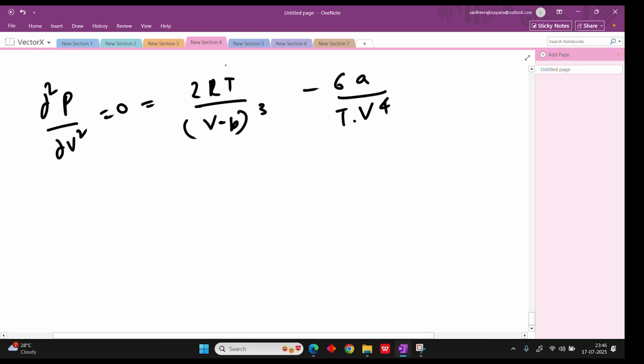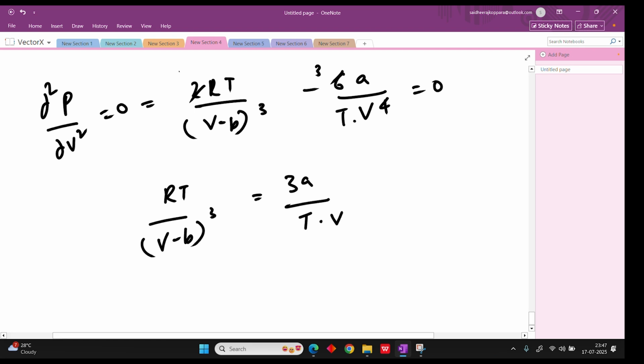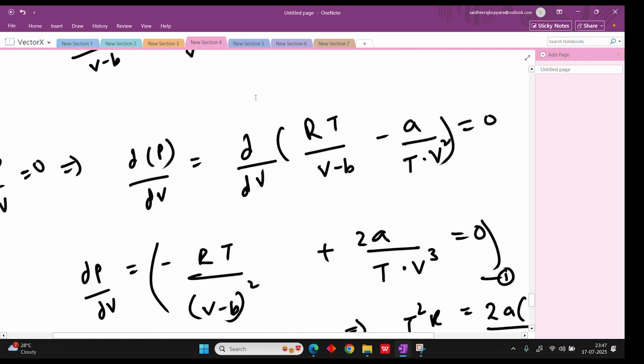This is equal to 0, right? So this cancels by 3. What you are getting here is RT by (V minus B) whole cube equals 3A by T into V power 4, right?